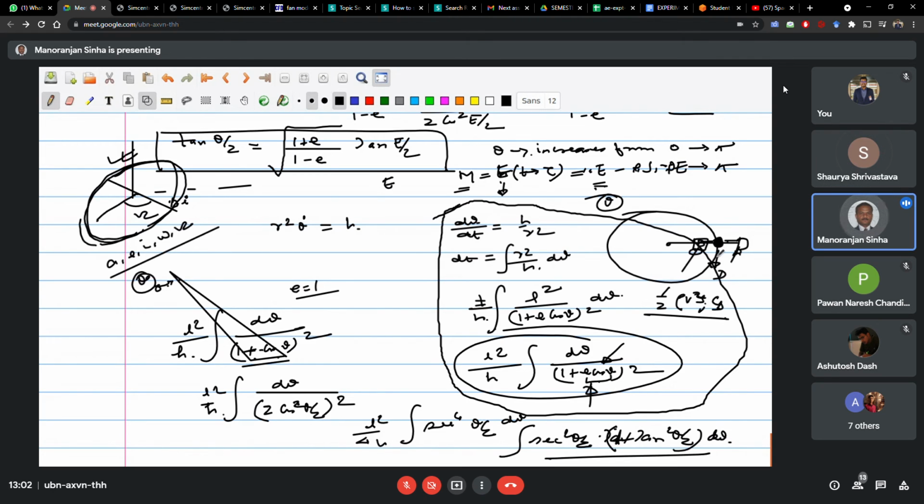So this drag will reduce the energy, E equal to minus mu by 2a. So it starts decaying, that means it becomes more and more negative, and that can happen only if a becomes smaller and smaller. So a decays. That means your orbit, in this particular figure, I'll go to the next page.